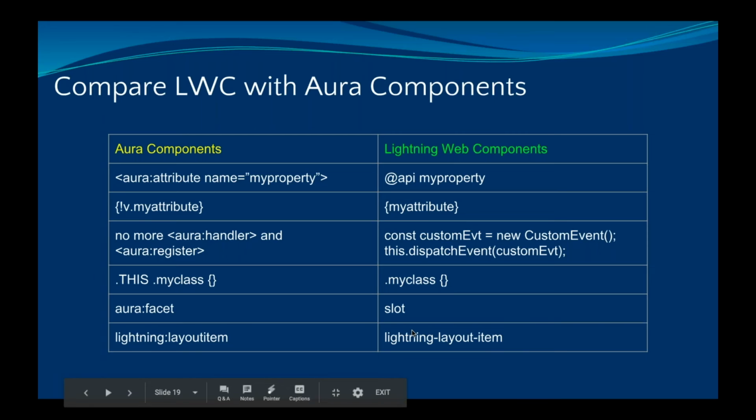We talked about slots, right? They are just placeholders in your markup to dynamically inject something. Also, let's look at this lightning colon layout item. It now translates more into this type of lightning dash syntax, and now more into this one. So that's the comparison for me.